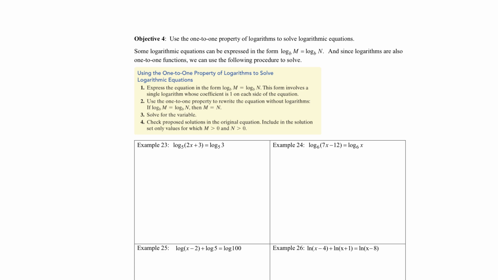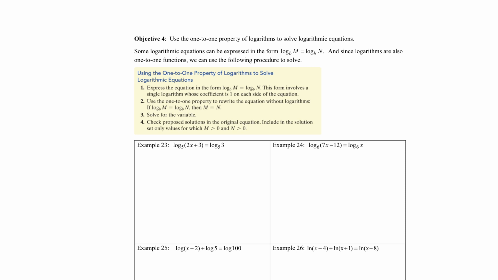But some logarithmic equations can be expressed in the form where I have a logarithm base b equal to another logarithm base b. And since logarithms are also one-to-one functions, we can use the one-to-one property of logarithms to solve. So what you're going to do is express the equation in this form, right, where you have a logarithm base b equal to another logarithm base b.